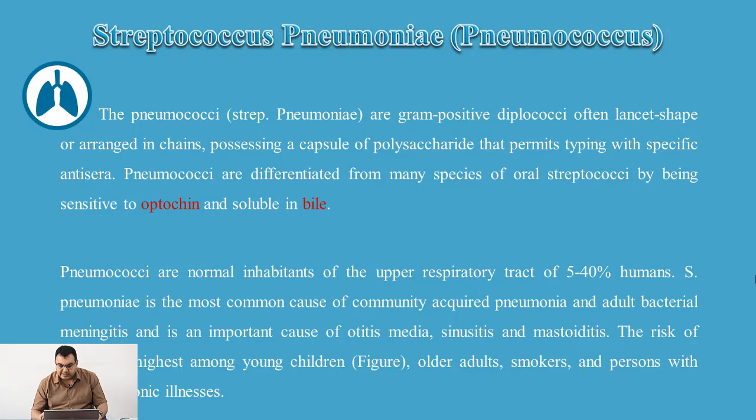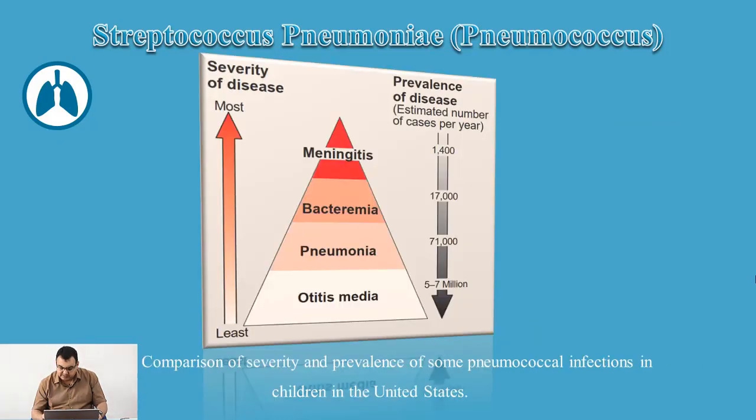Streptococcus pneumoniae is the most common cause of community-acquired pneumonia and adult bacterial meningitis, and is an important cause of otitis media, sinusitis, and mastoiditis. The risk of disease is highest among young children, older adults, smokers, and persons with certain chronic illnesses.